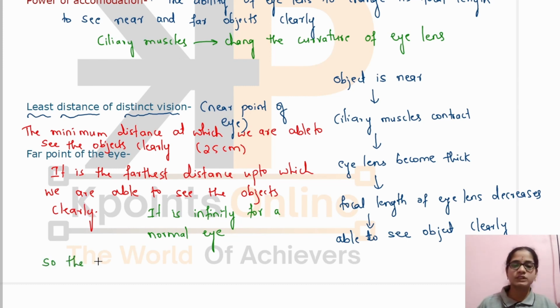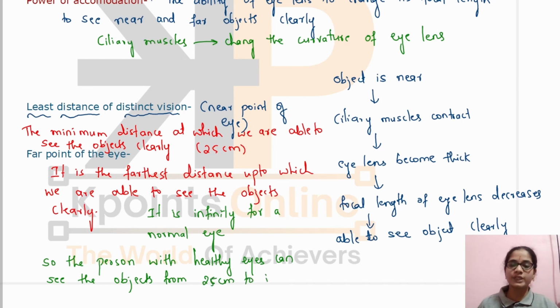So a person with healthy eyes can see the objects from 25 centimeter to infinity. And we are able to see many objects like the sun, stars, moon, which are far away from us, and many other objects which are far away from us.